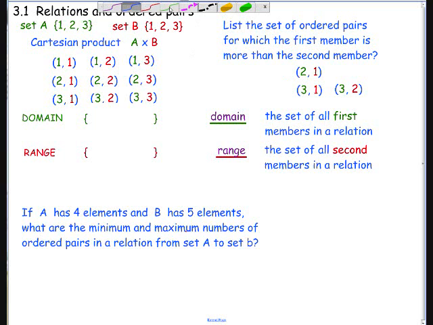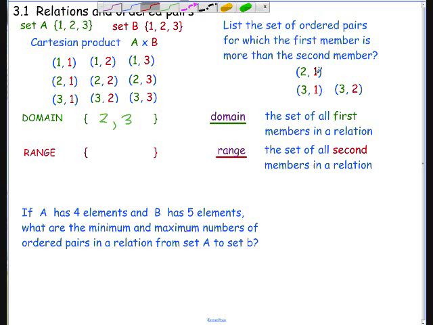I'm going to now mark the domain of this relationship. Let's record it. It would be 2 and 3. It's the first members in that relation. So 2 and 3. Now 3 of course occurs twice, but I do not have to mention it twice or list it twice.